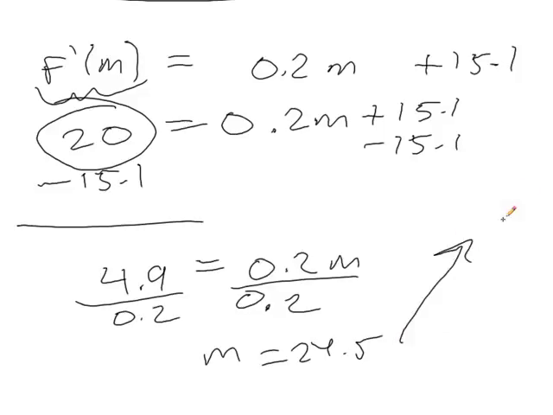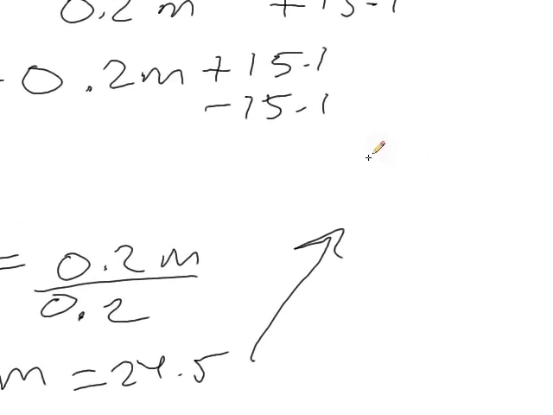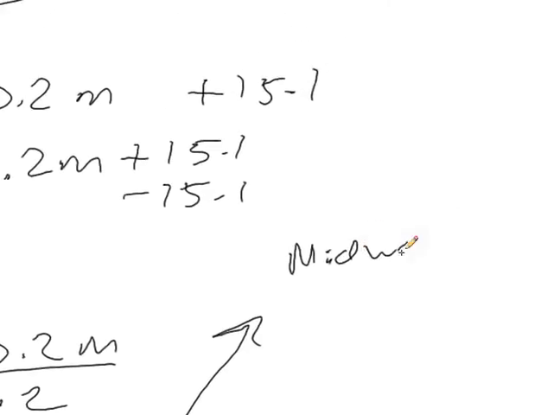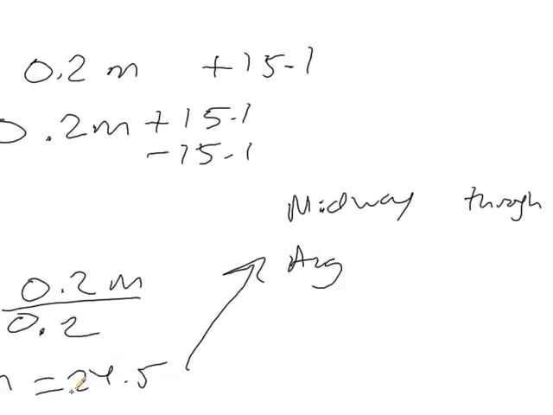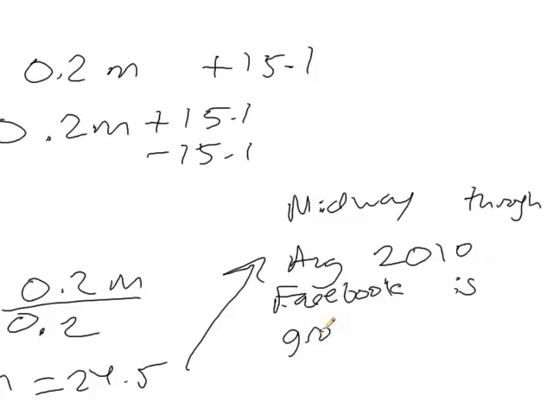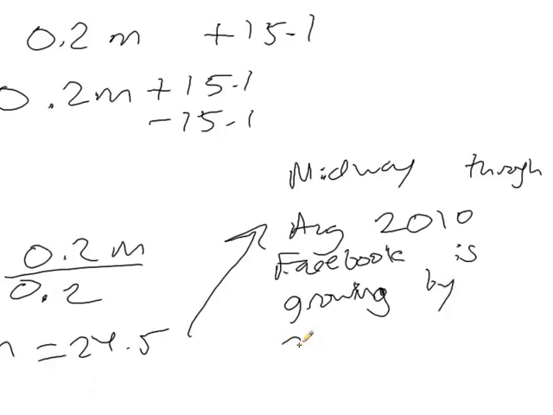So this means that midway through August, because that's 24, but it's 2 years after August 2008, so midway through August 2010, Facebook is growing by 24.5 million users per month.